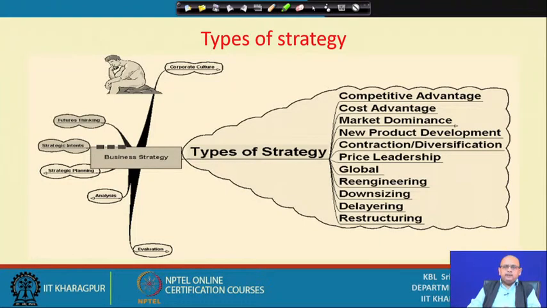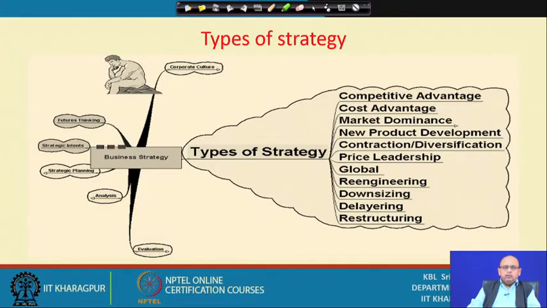So, there could be different strategies that organizations adopt, like business re-engineering, downsizing or right sizing could be a part of their strategy, where you want to reduce the headcount to sustain and grow in the market, right, or you want to go for delayering, where you go for restructuring, right. So, these are the different types of strategy which an organization adopts in order to survive and grow.